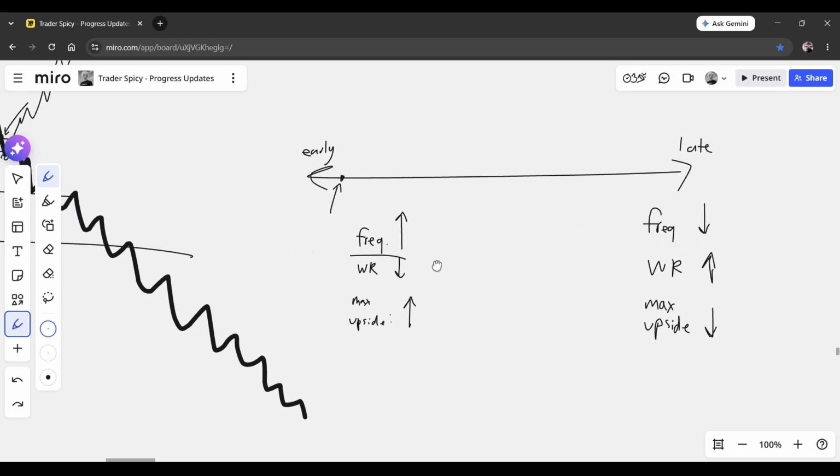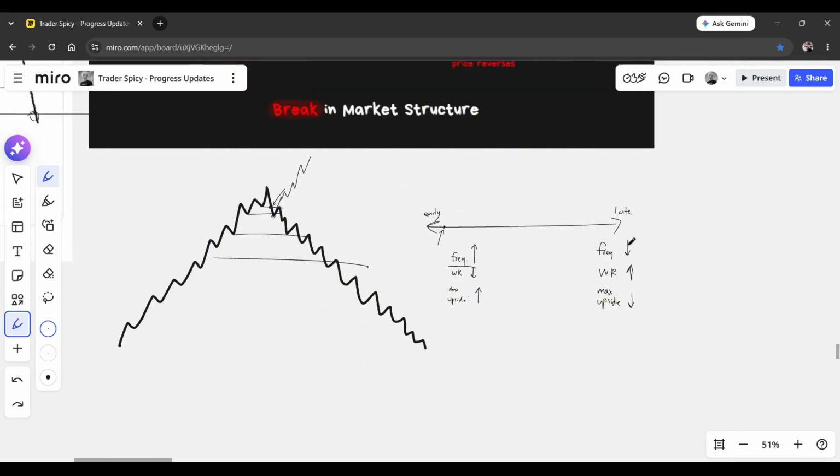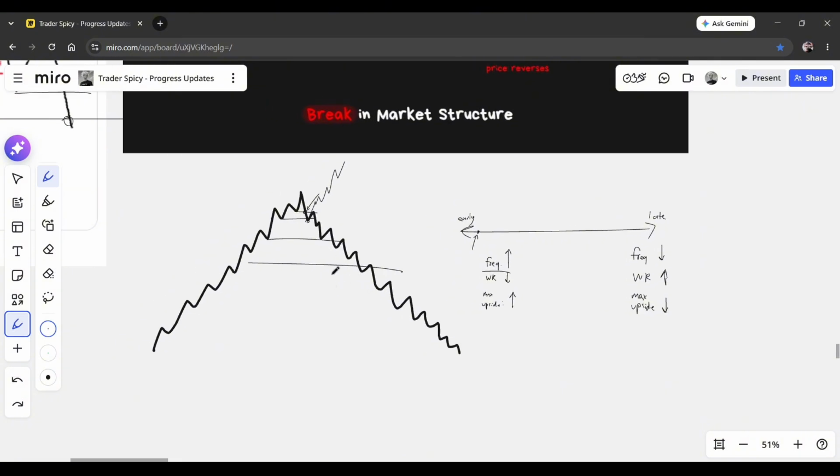So frequency is lower because there's just going to be fewer opportunities to catch. Win rate is going to be higher because the later you are entering, the more information you have to confirm your original idea. So you have more margin of error, you have more confirmation, you have more confluence, right? So win rate is going to be higher.